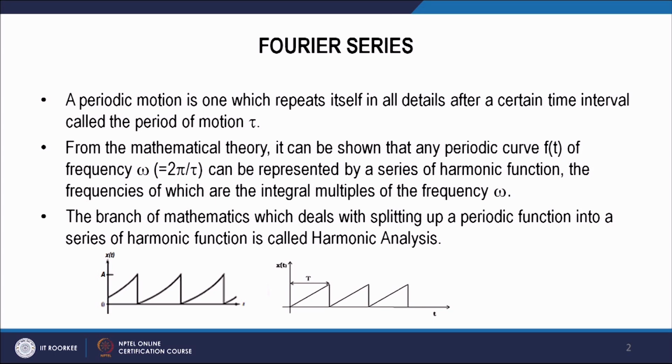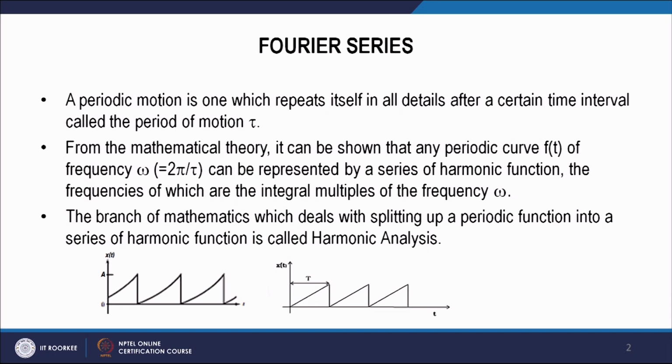So, what is Fourier series? Fourier series expresses a periodic function in terms of a harmonic function, and the branch of mathematics that deals with splitting a periodic function into a series of harmonic functions is called harmonic analysis.